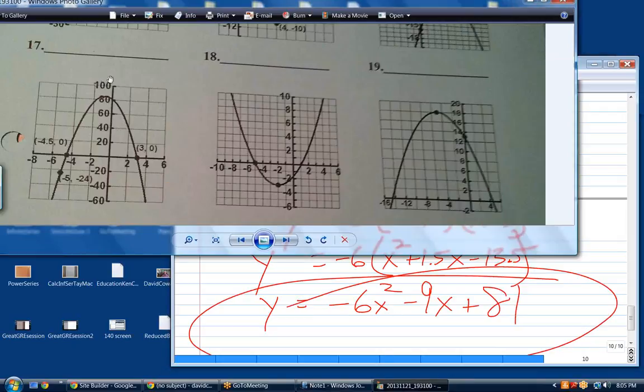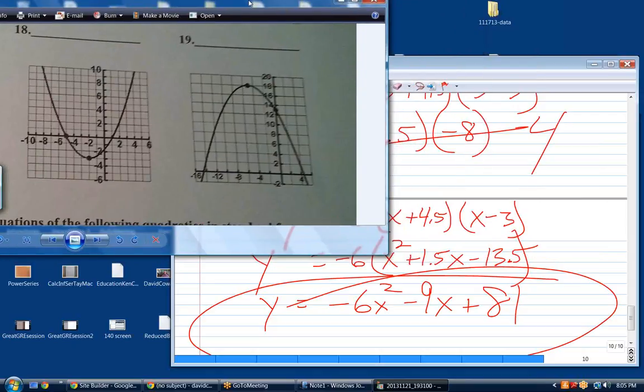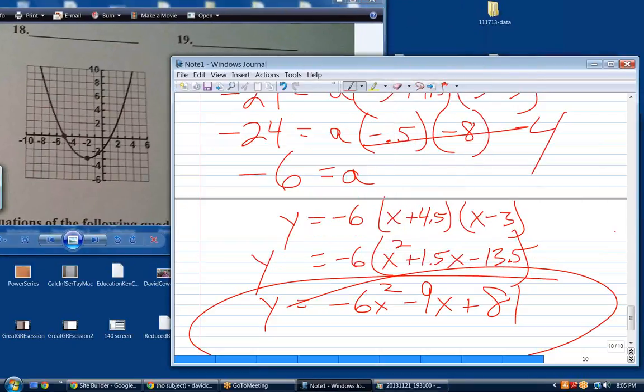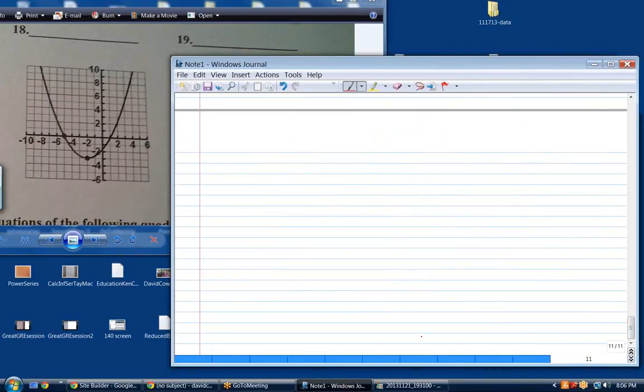Okay. 18. What are we going to use here? 18, we're going to use the vertex form. Yeah, it actually looks like we could use either one, because the intercepts look to be clearly at -5 and +1.